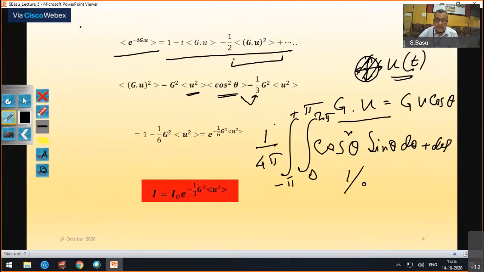That gives me the term 1/3. If you do it, you can see this. So then this expansion becomes 1 minus 1/6 of g square u square, and that adds the term in the amplitude e to the power minus 1/6 g square u square.